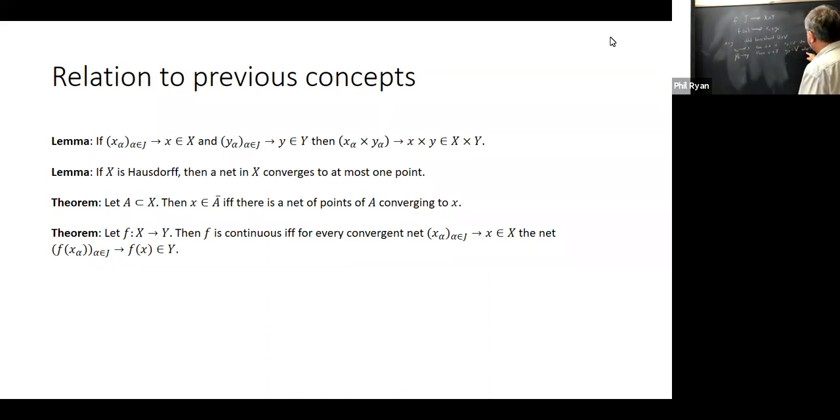There is a gamma such that whenever delta is bigger than gamma, y delta is in V. Okay, and so that means x beta cross y beta is going to be in U cross V whenever beta is greater than or equal to the upper bound of alpha and gamma.